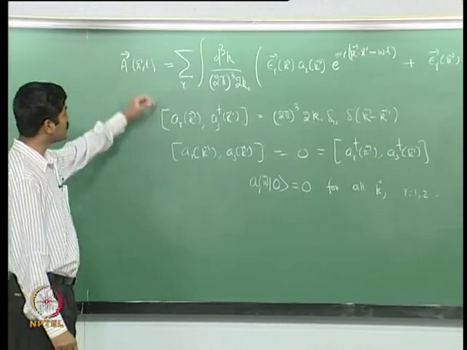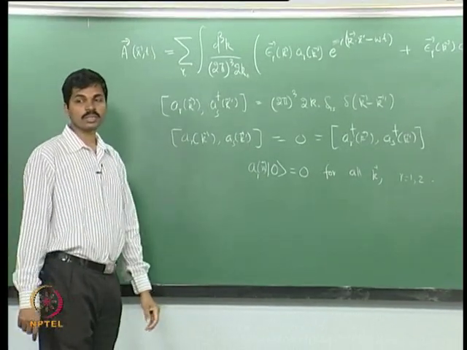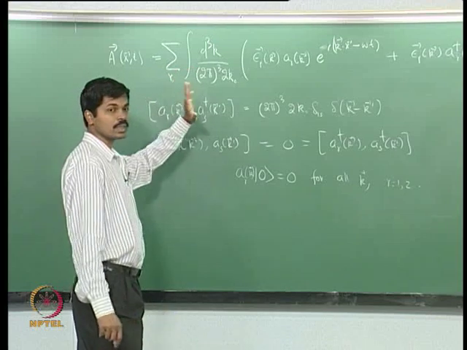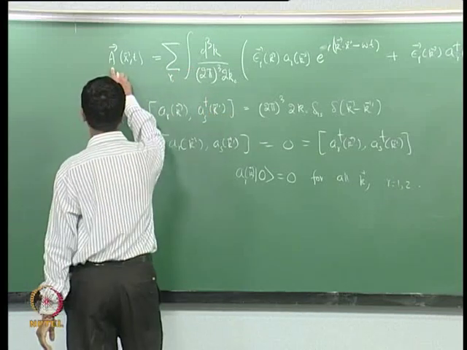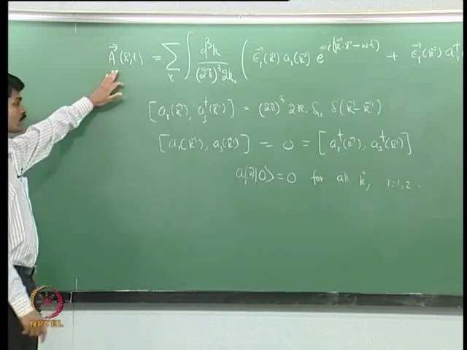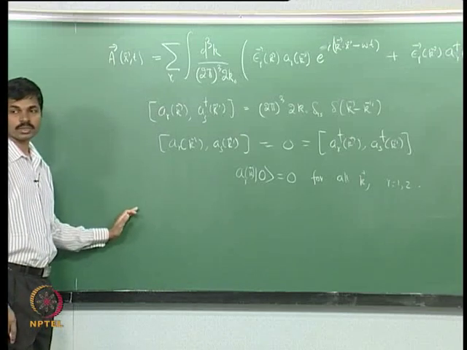But the difficulty here is that in quantizing this way, the covariance of the theory is lost. Now this is no longer manifestly Lorentz invariant. Because you have already chosen a gauge in which A0 equals 0, Lorentz invariance is lost in this process.